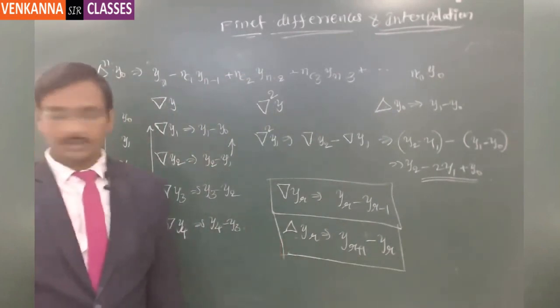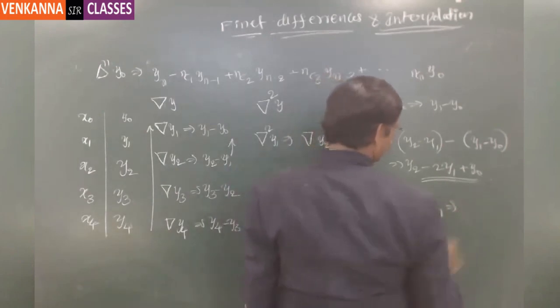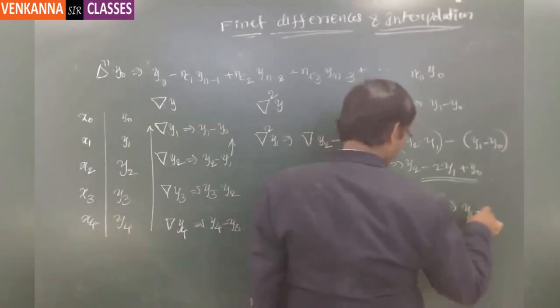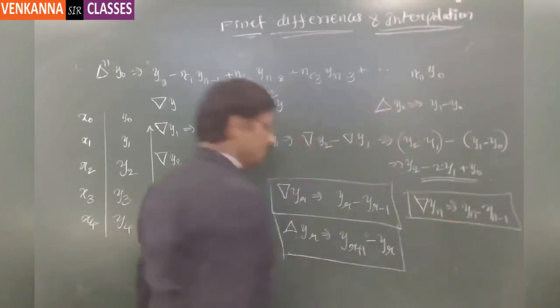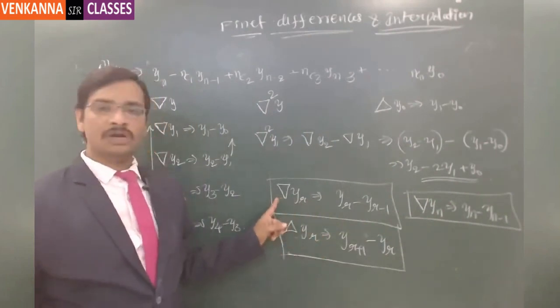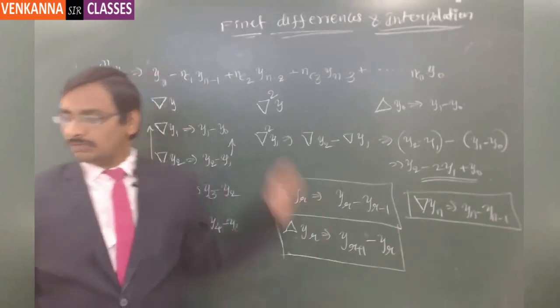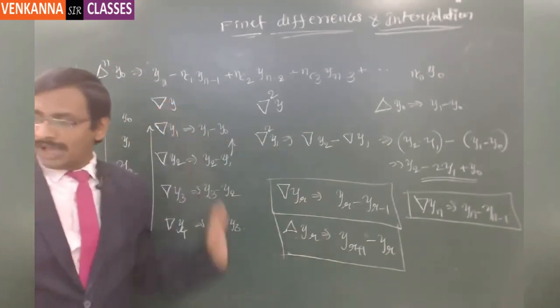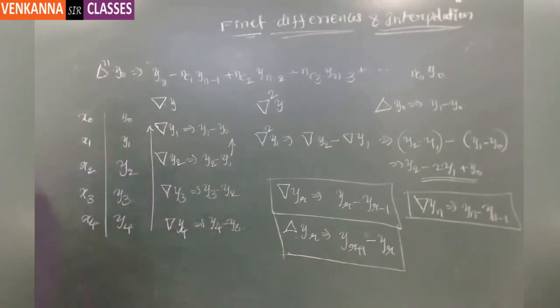Got it? In general, del of yn for the last term is going to be yn minus yn minus 1. This is for the last term and this is the general term. This is for the backward difference and this is for the forward difference. Got it? But the convention is different. The values whatever we have calculated are the same. Got it? Okay, you can note down this.